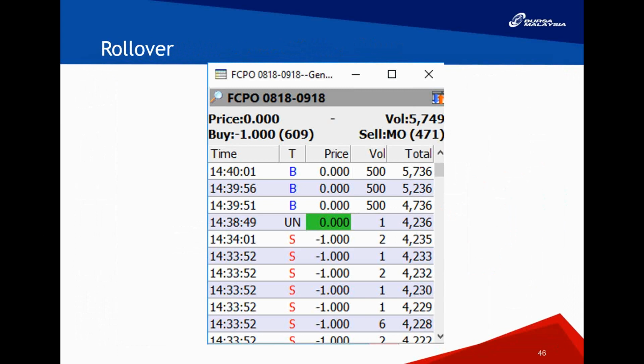What they do is they need to roll over their position every month. So whenever they trade outright, they need to do rollover. So these are the volumes by rollover. You see, in spread trading, you can trade up to hundreds of lots in one trade, which you hardly see in outright trading.